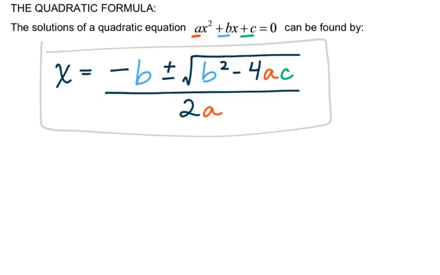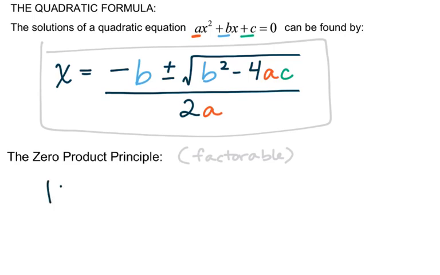All right, next up we have the zero product principle. The zero product principle is useful for when we are dealing with quadratic equations that are factorable. So if we are able to factor it, then we are going to use the zero product principle. And what this says is if we have some product, in this case A times B, and if that product, A times B, is equal to 0, what can we say?